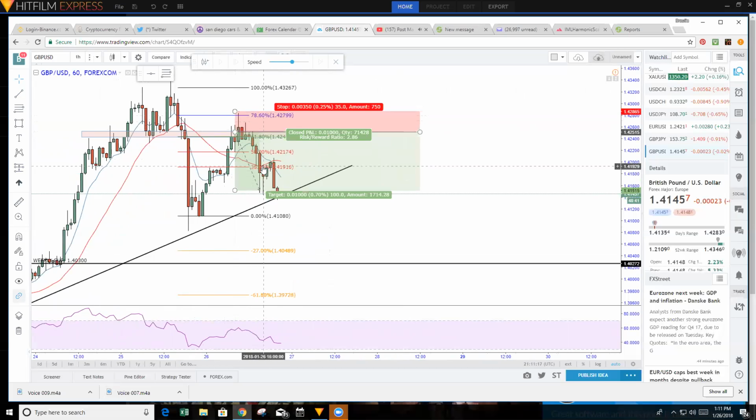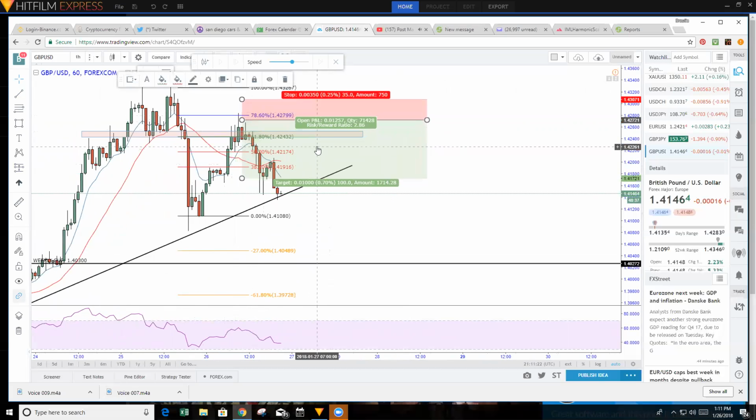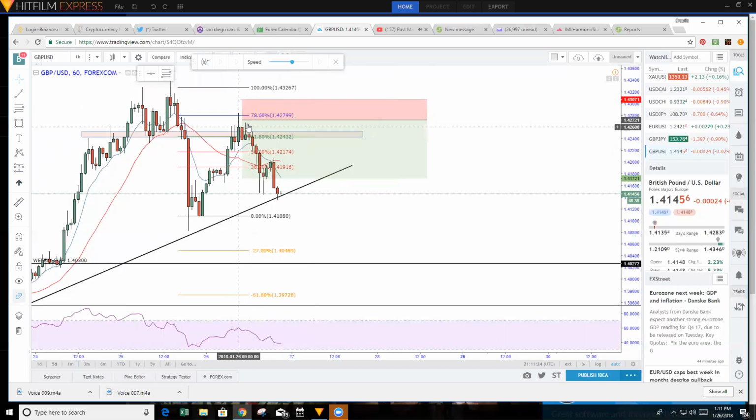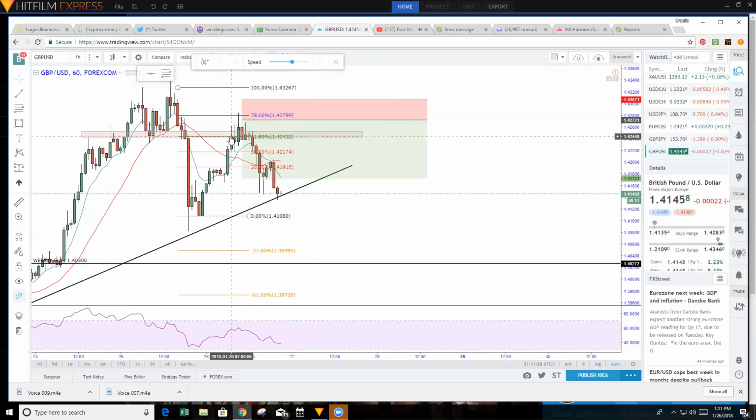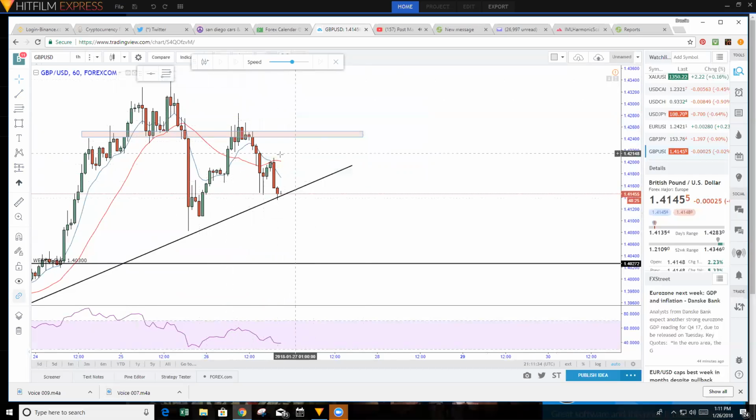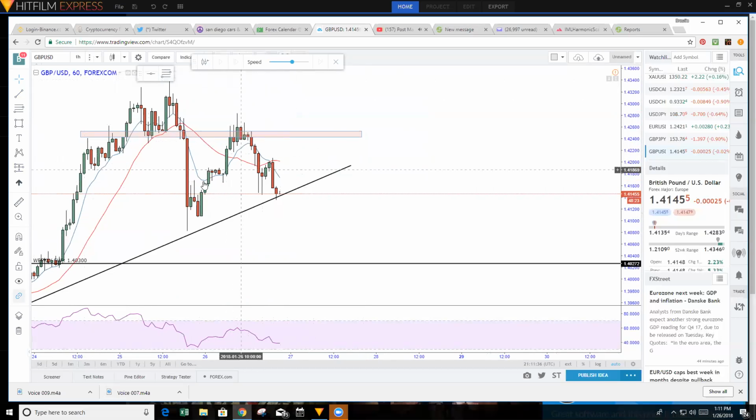So for future reference, we're just going to put sell limits a little bit higher, so that way we can get better, tighter, more on point entries. As far as this one goes, this was a really great trade. Although we lost it, it was a really, really great trade. As far as next week, we can see this probably pull back up into this area and either continue going up or continue with the downtrend.